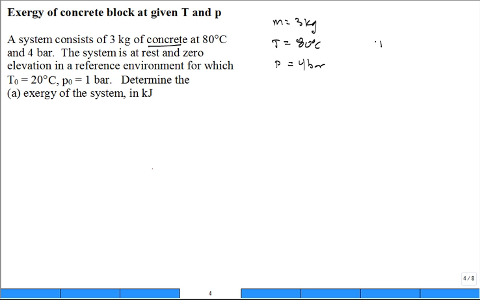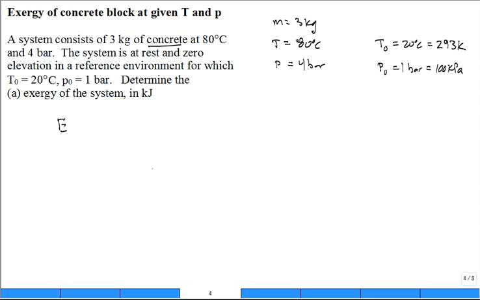The dead state temperature is 20 degrees C, which is 293 Kelvin, and the dead state pressure is 1 bar, which is 100 kilopascal. We want to calculate that exergy, the new property known as exergy, in units of kilojoules for this concrete block.